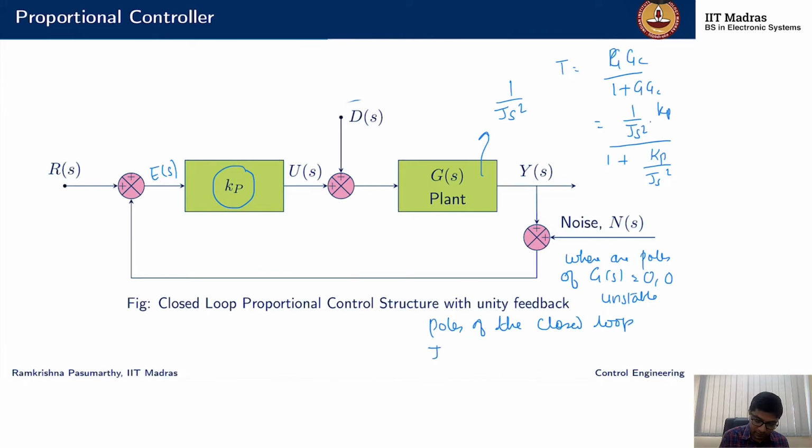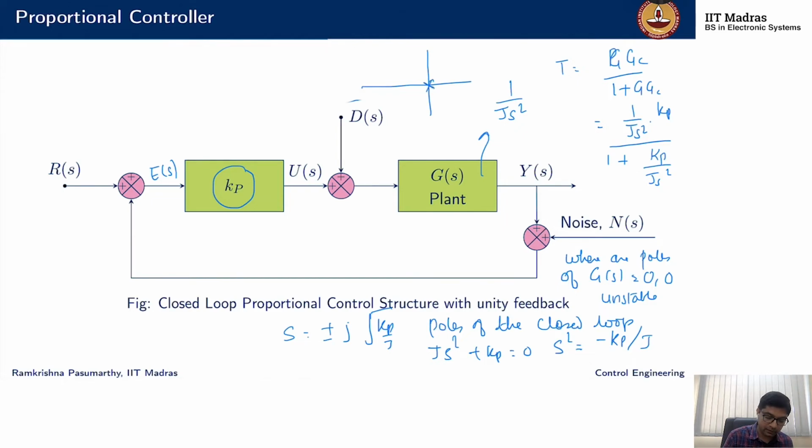The denominator now here is, I'm looking at Js square plus Kp equal to 0, or s square is negative of Kp over J, and s is now plus minus j square root of Kp over J. So the roots are imaginary, and if I keep on increasing, so my open loop poles were here. If I keep on increasing the gain, the poles just move on the imaginary axis.